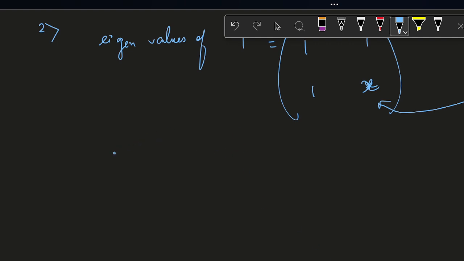So we know the rule that the determinant of the matrix T minus lambda I, where I is the unit matrix, is equal to 0. This is the rule you first apply to get the eigenvalues, where lambda is the eigenvalue, T is your matrix, and I is the unit matrix, like for a 2 by 2 matrix it will be 1 0 0 1.